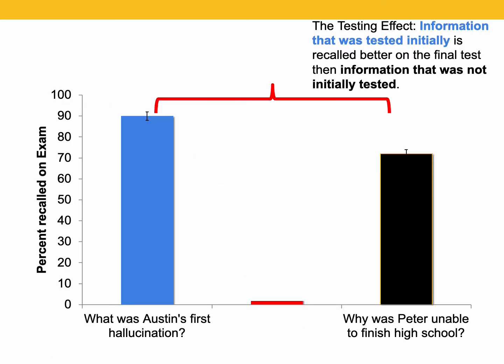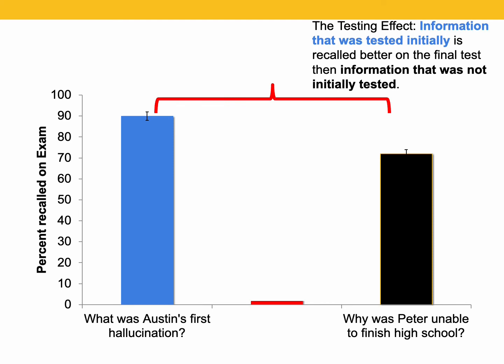And just like I was alluding to before, the first thing the researchers found is that questions participants were asked during that initial test were better recalled than any of the information from that yellow passage that wasn't tested. So again, we see a testing effect, or the promise of memory retrieval.